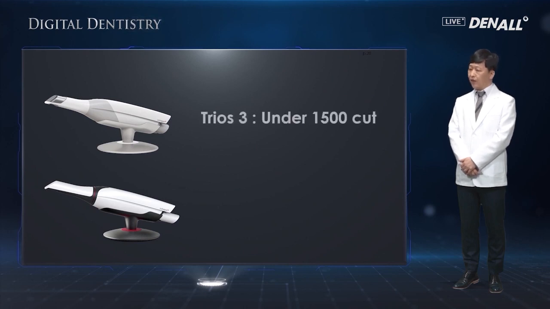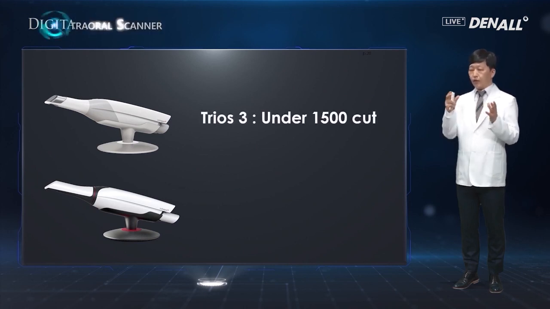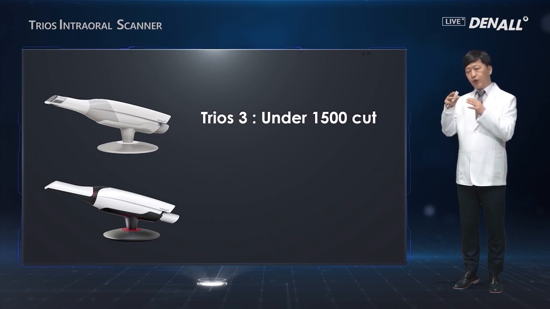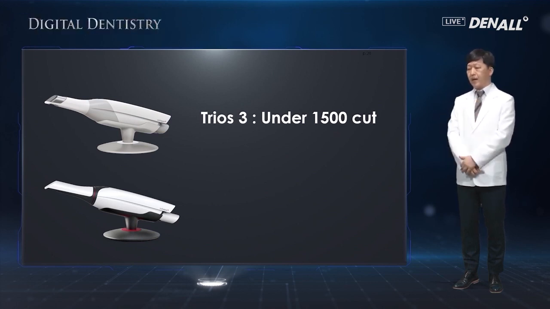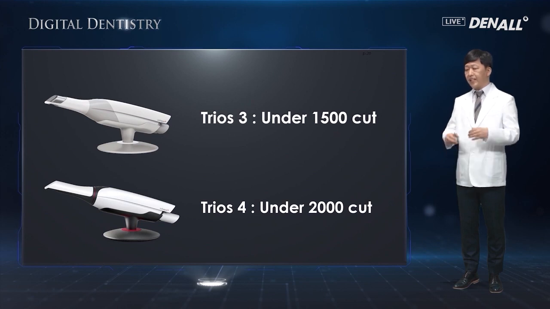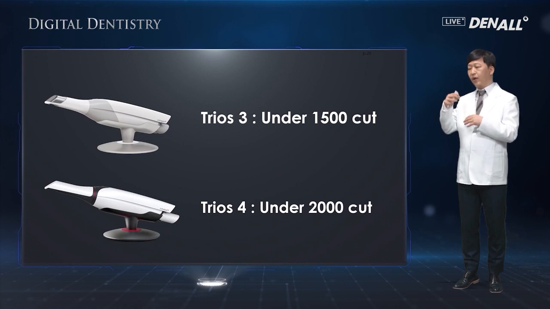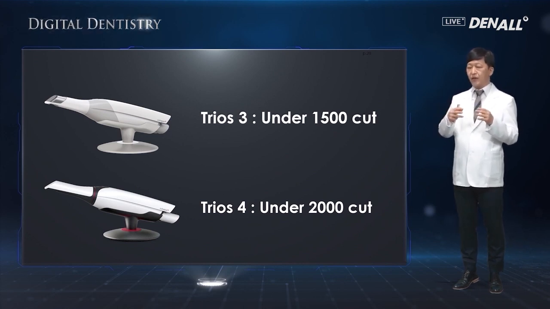Trios 3 scanner. The number of cuts increases on the screen continuously. The problem is it takes a long time, and if it is over 1500 cuts, a warning is displayed. However, with Trios 4, if the cuts increase to more than 2000, a warning will appear.